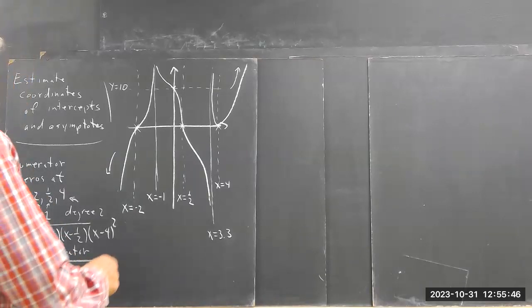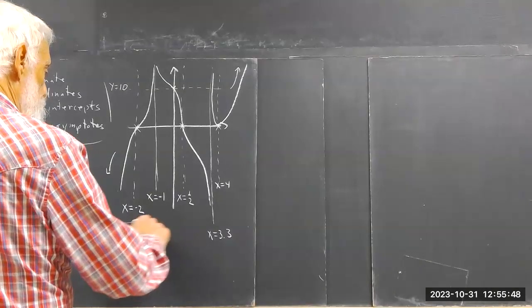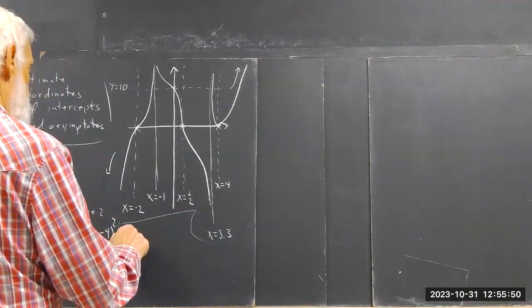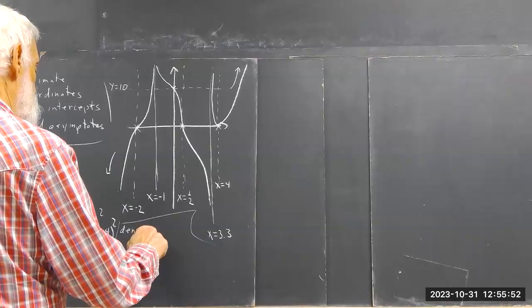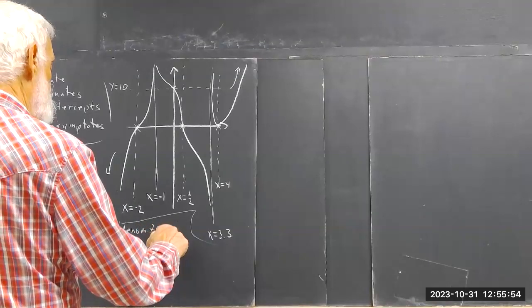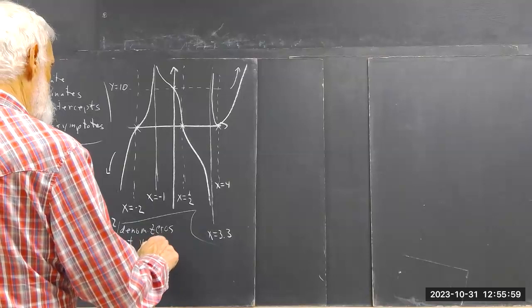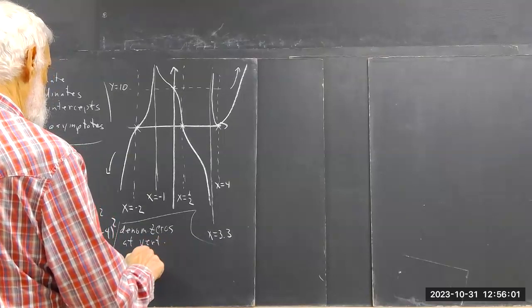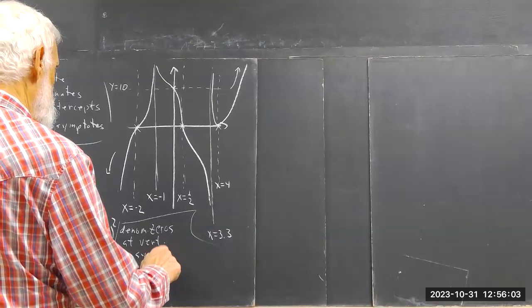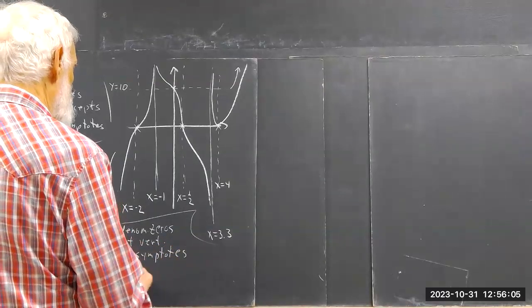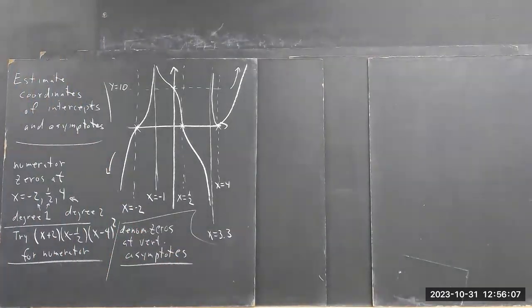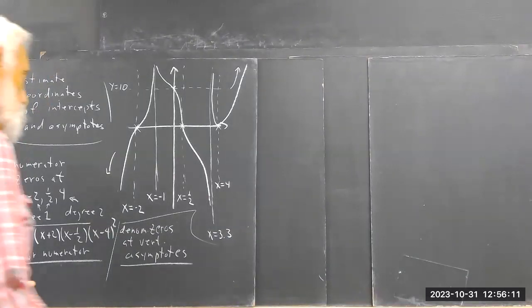Okay, so denominator. Have zeros at your vertical asymptotes. Okay, where your vertical asymptotes.